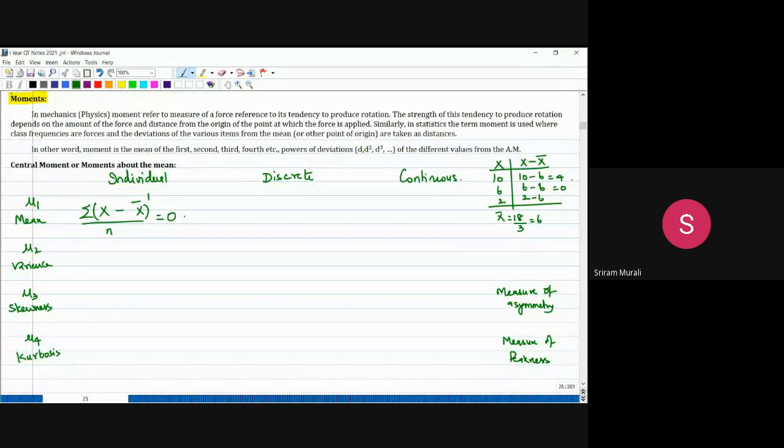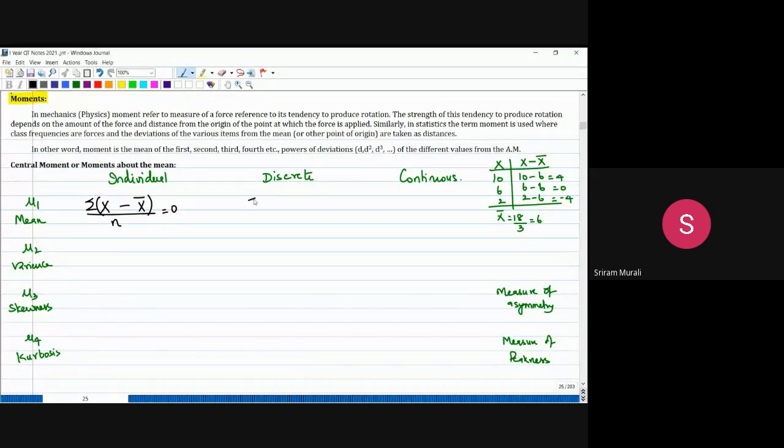If you add this, what do you get? Zero. That is what it says. Whenever the deviation is taken from the arithmetic mean, the sum is always 0. That is x bar, difference, add, and then divide by n, it is always equal to 0.